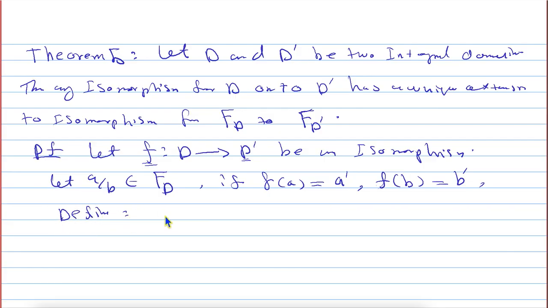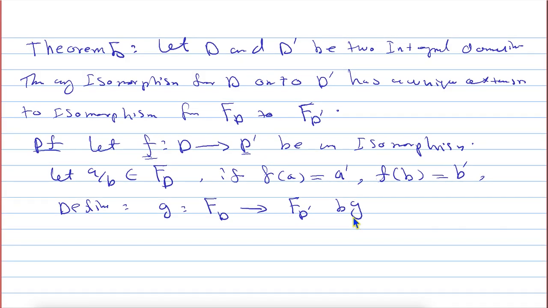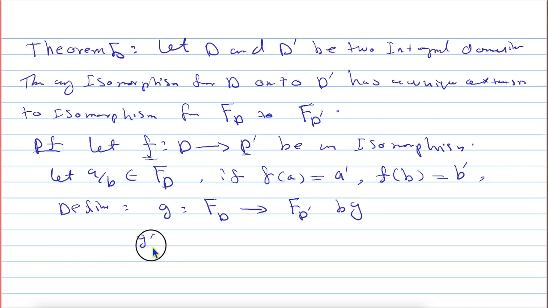Okay, now define a map G going from F sub D to F sub D prime by the following. G of A over B, this is the form of elements in F sub D, the equivalence classes, equals A prime B prime inverse.